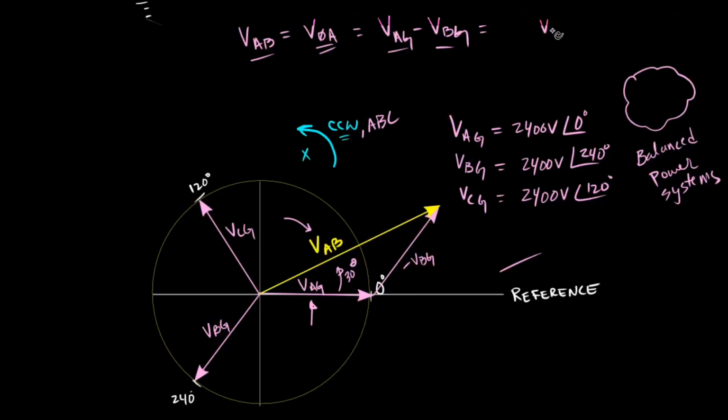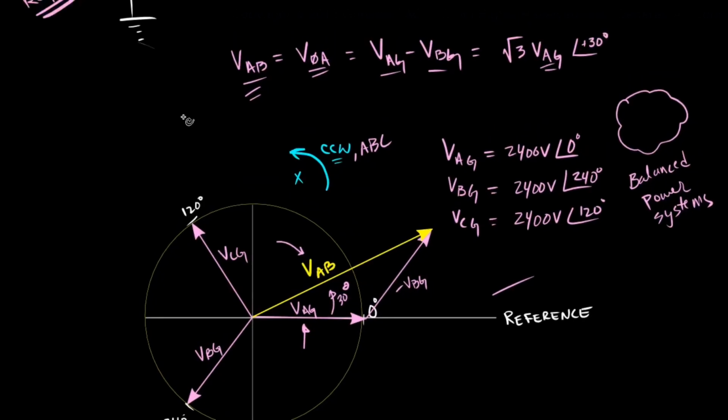So we take VAG, shift it by 30 degrees in the counterclockwise direction, and then multiply or stretch it by 1.73 so that it overlaps VAB, which means that VAB is equal to the square root of 3 times VAG rotated by 30 degrees.